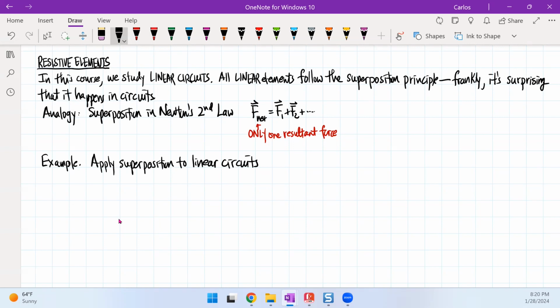So let's say that I have some element that looks something like this. I have an element that comes along, and let's say that I have one element here, and let's say I have a source here. So let's color code these to make it a little bit easier. Now I'm going to say that I have some voltage source V1, and I have a collection of elements.